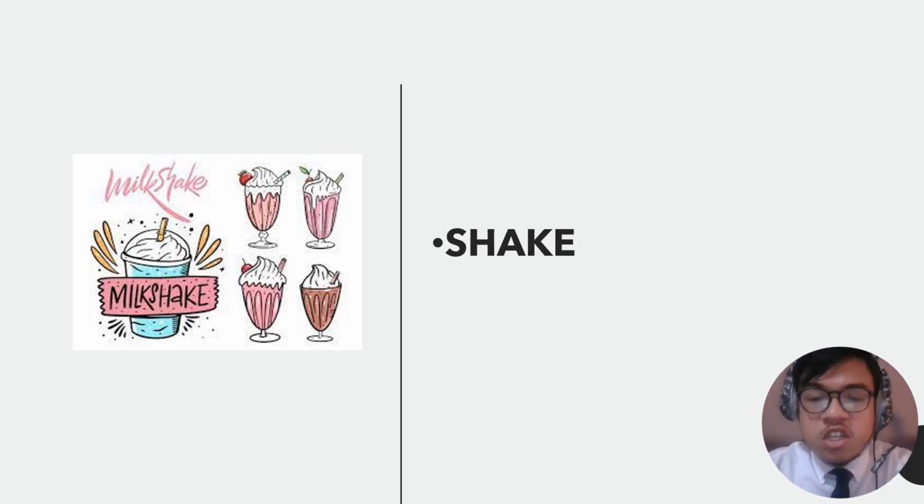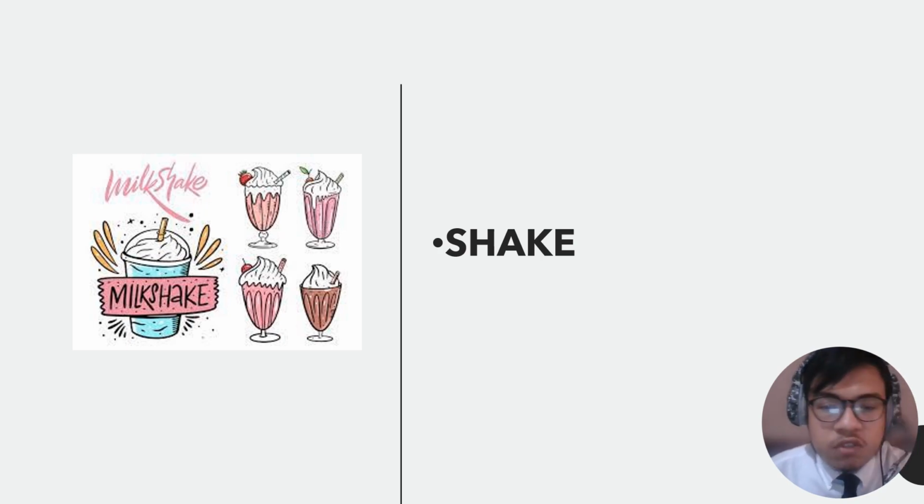The word is shake. Shake. Excellent. Good pronunciation. The picture you have in this example is a milkshake. In the mornings, when you take a breakfast, maybe you drink a milkshake.